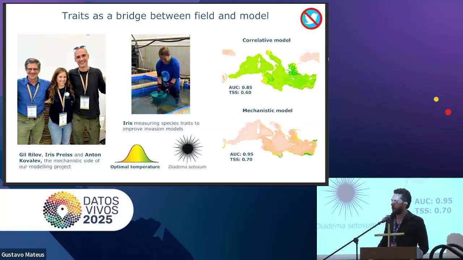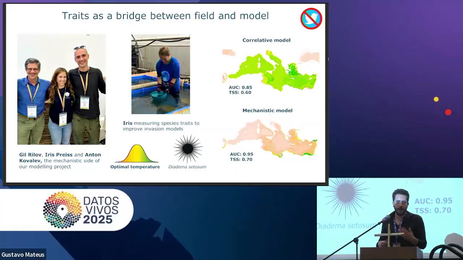And then we ran a classical correlative model at the top, where you see this beautiful seahorse. There's the Mediterranean Sea. And for this SDM, we only used data from the native range. We didn't use any of the points from the alien range.